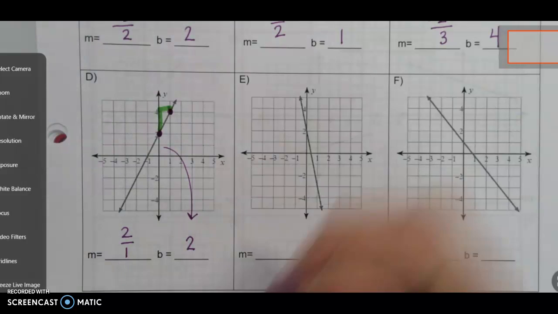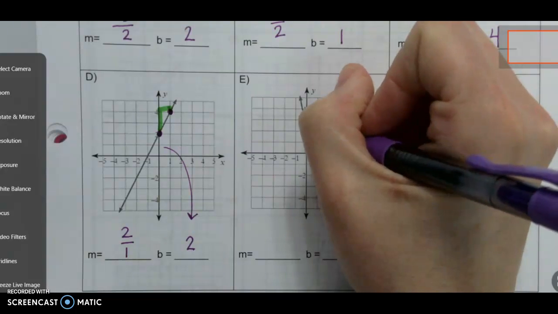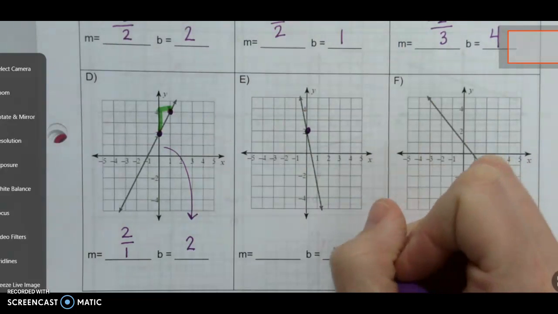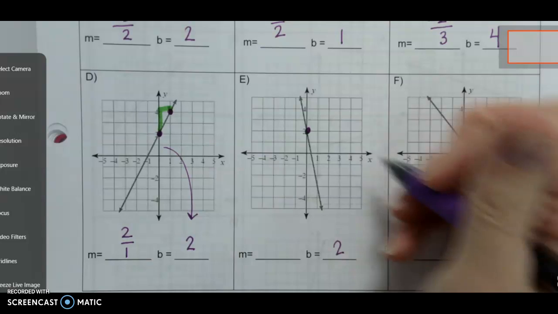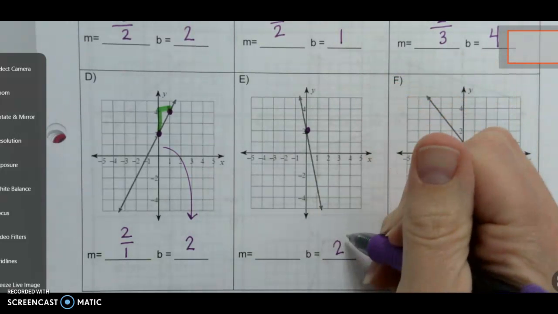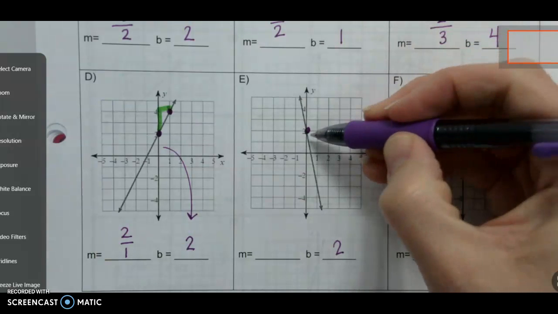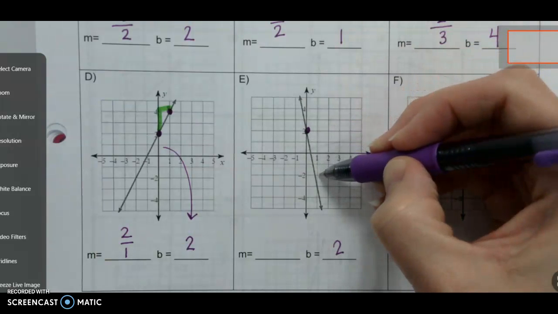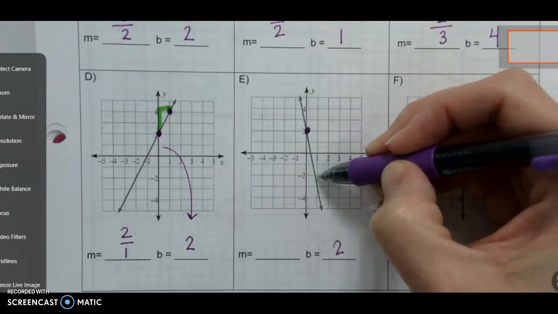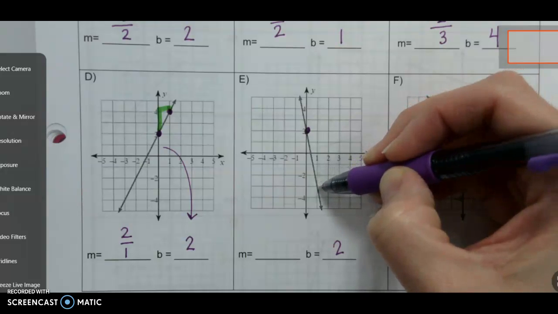Okay, coming right over here, this one crosses at positive 2. So that number goes right down into my y-intercept, my B value. Find another dot, so another nice point where it crosses. It's super tempting to pick this one right here, but it doesn't quite cross at that corner. So one more down right there.